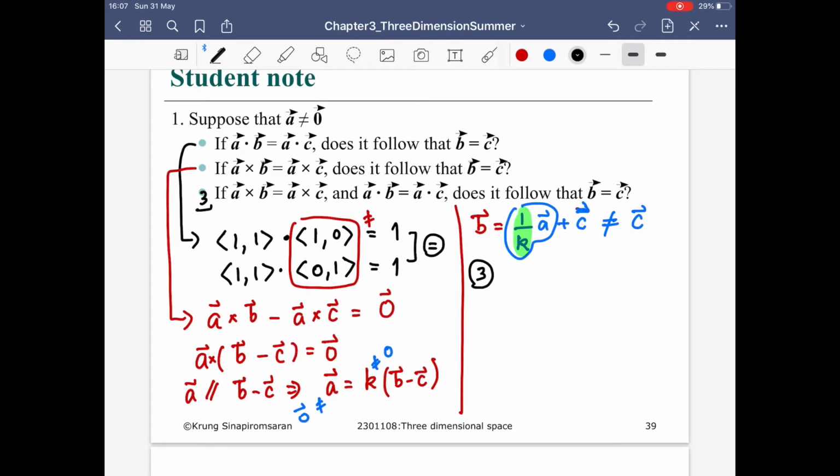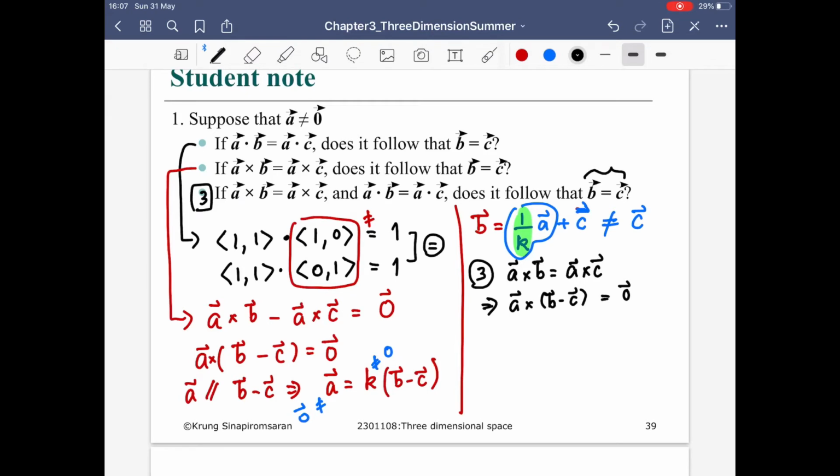Now if A cross B and A cross C are the same, and A dot B and A dot C are also the same, what can we conclude about B and C? This one is motivated by the second problem. If A cross B is the same as A cross C, then A cross (B minus C) is a zero vector.